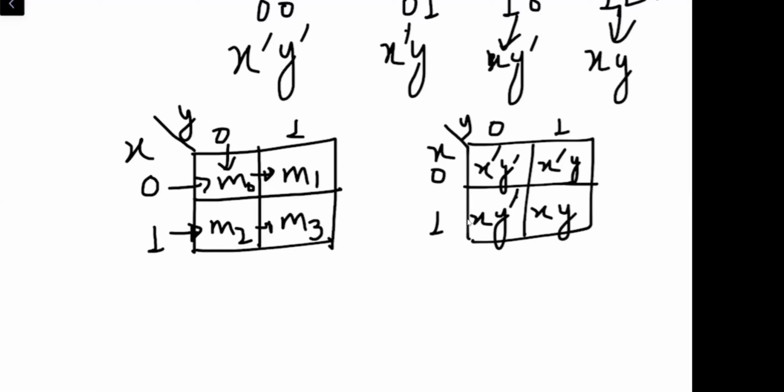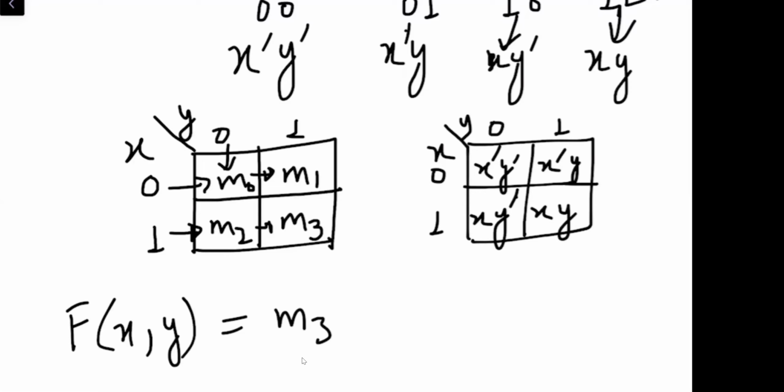Now if we say we have a function for x y, and we say this is equal to m of 3, or if I say this function is equal to summation 3 only, what does this mean?